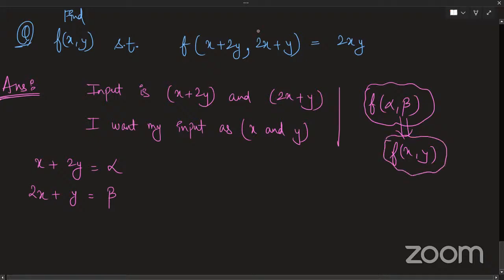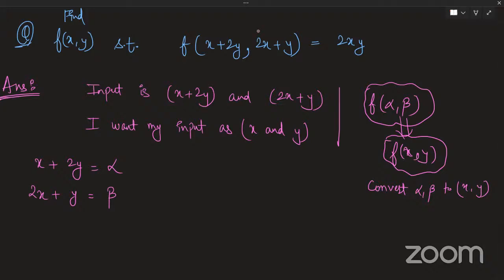It is very easy. If I am able to convert alpha and beta to x and y, I can just substitute x in place of alpha and y in place of beta. So all I need is the relation between alpha, beta and x, y. That's all we have to do.